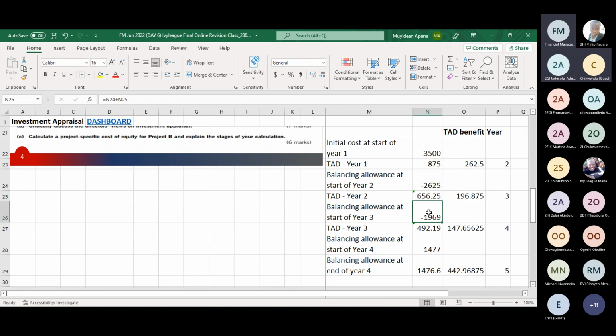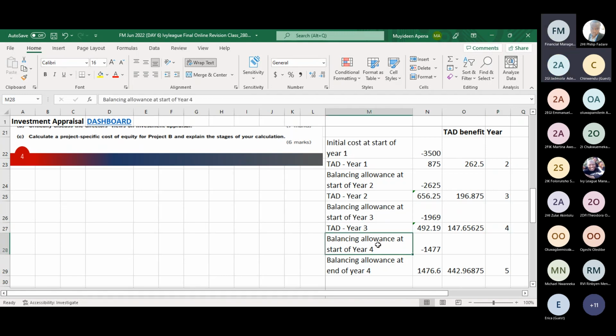We did the net of these balances and got an opening balance for year 3. TAD for year 3 is also applied at 25%. We got this, and then the company claims 30% on that, which would happen in year 4.